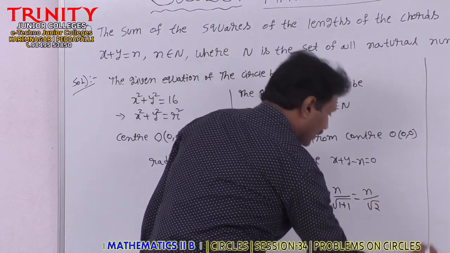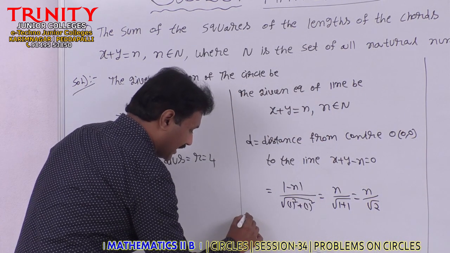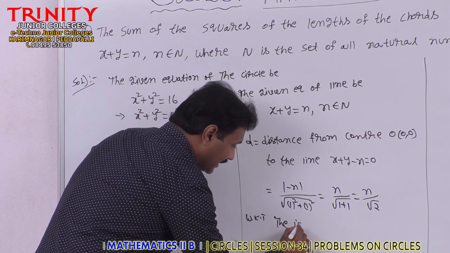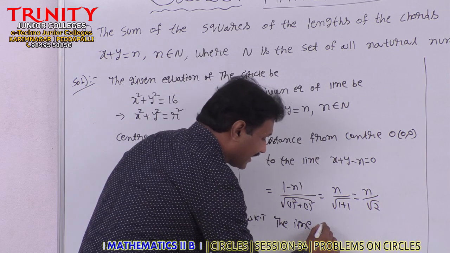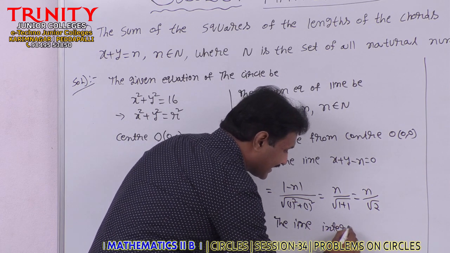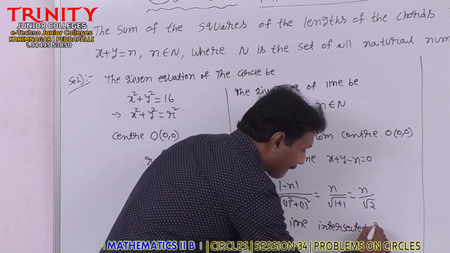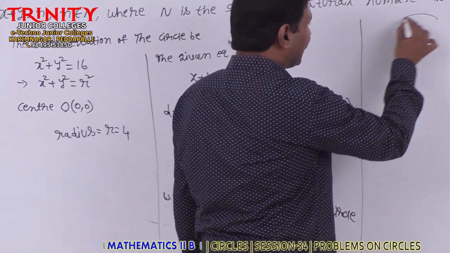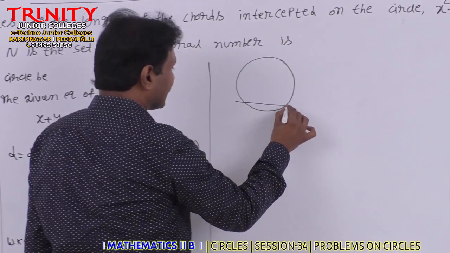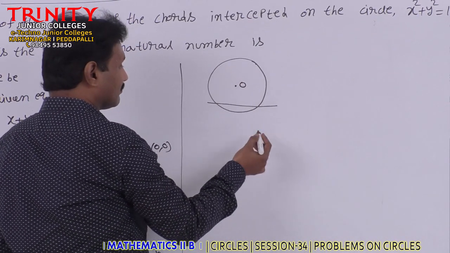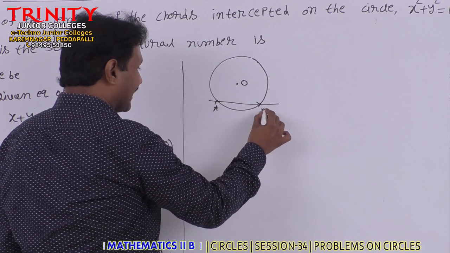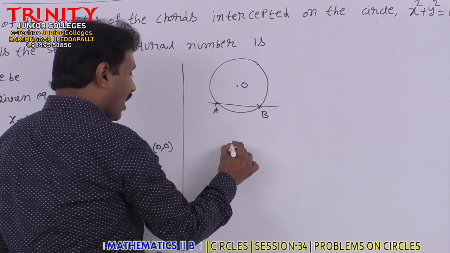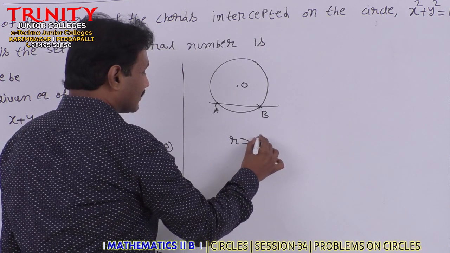The line intersects the circle like this. Here the center is the origin, and the line intersects the circle at the points A and B. Therefore, here r is greater than d.